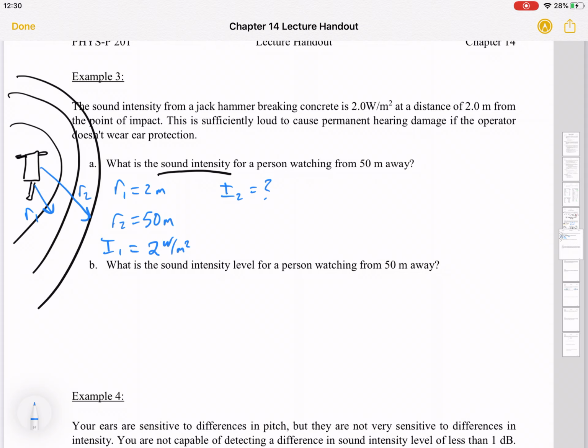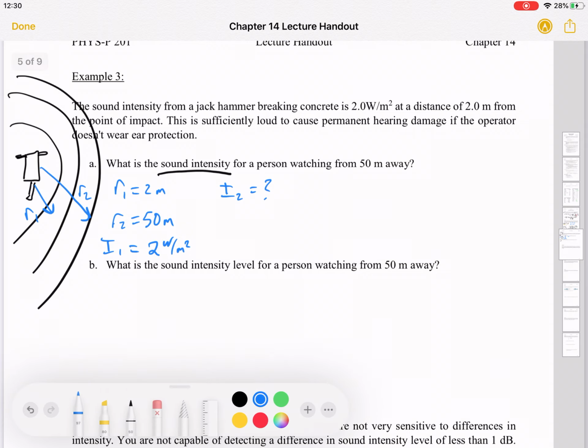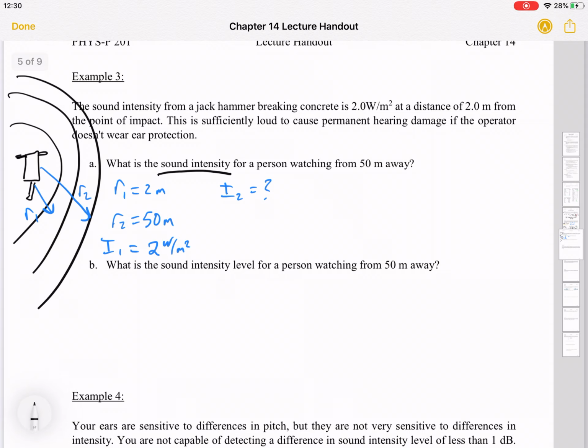Okay, so you might be tempted to take a ratio here to say, well, maybe I1 over R1 equals I2 over R2. You can do something like that, but it's not exactly that. So I'm not going to do that for this. I'm going to solve for the power, and then go back and solve for an intensity, and I'll talk about how you could have done it another way in a second.